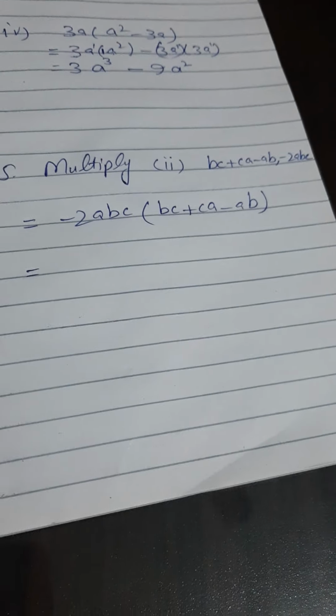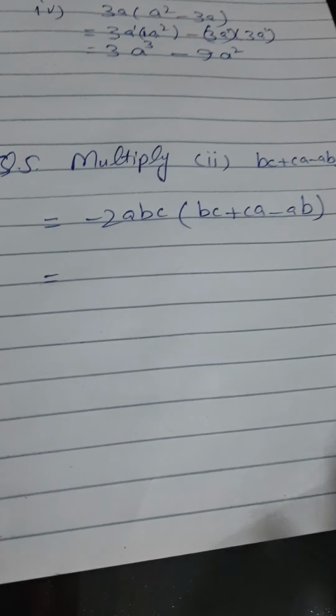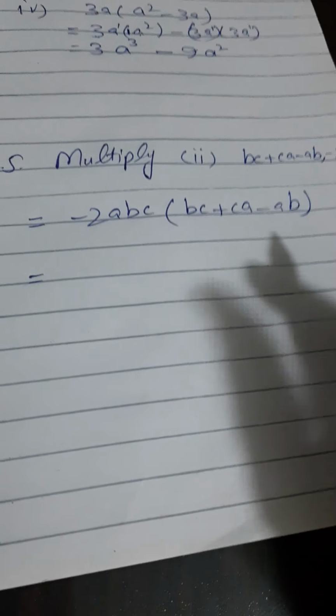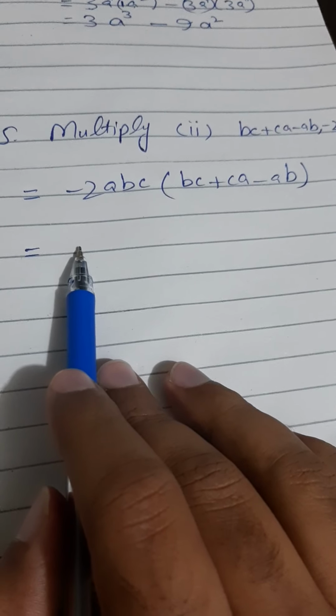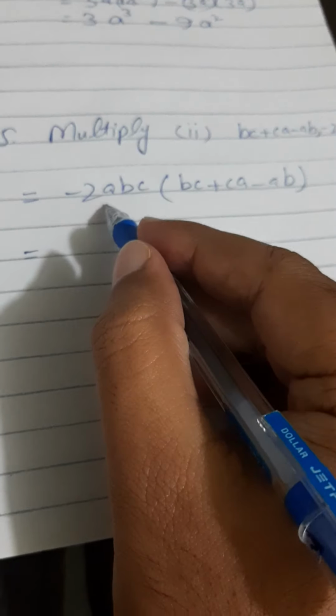If you are unable to multiply two terms in a single line, you can solve these in your rough work and write its answer here, but I am going to solve it directly.